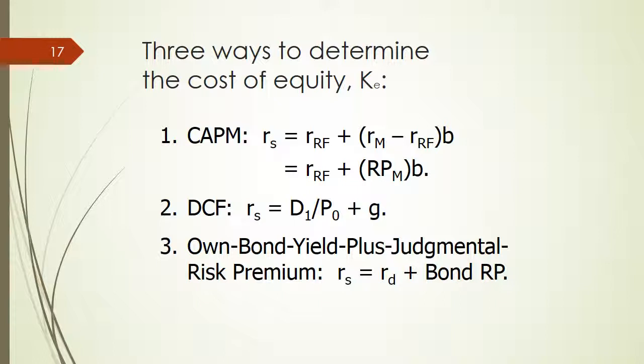We can also use discounted cash flow analysis, supposing a constant growth model, the Gordon dividend valuation model. Also, we can use the own bond yield plus an adjusted risk premium.